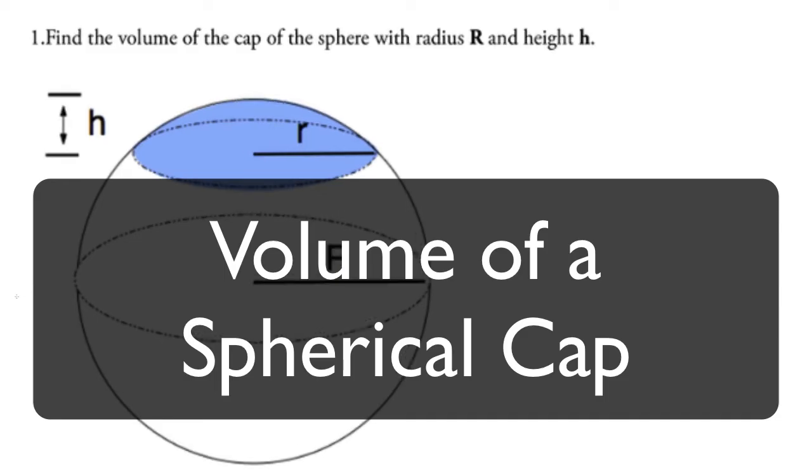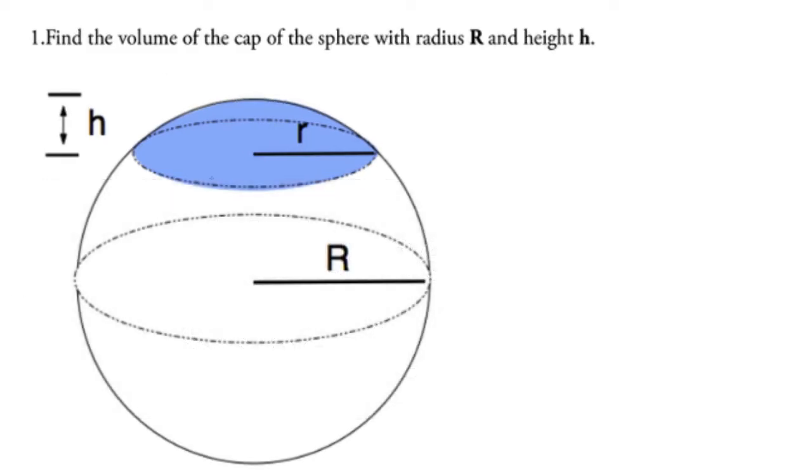Okay, so we're trying to find the volume of the cap here. The distance from the bottom of the cap to the top is h. So from here to here, that's going to be h right there.